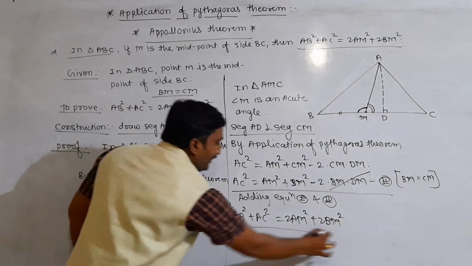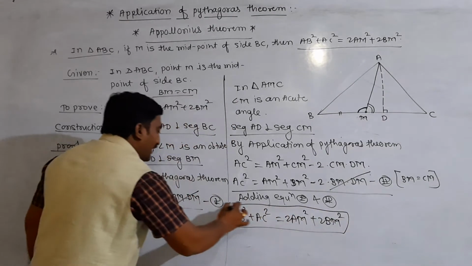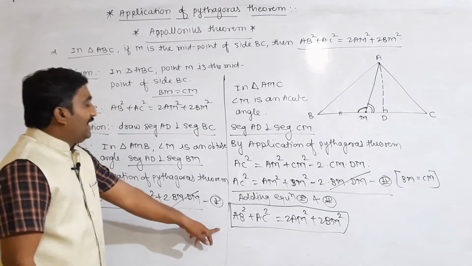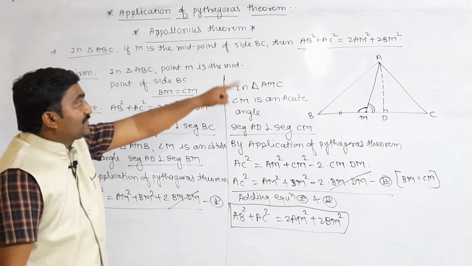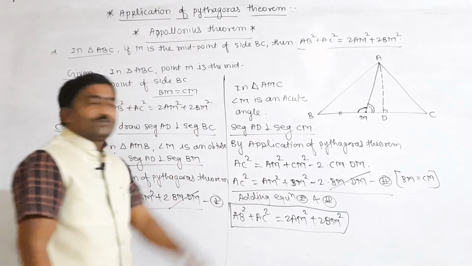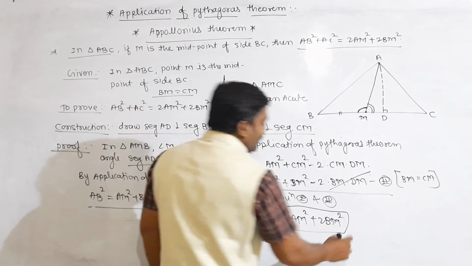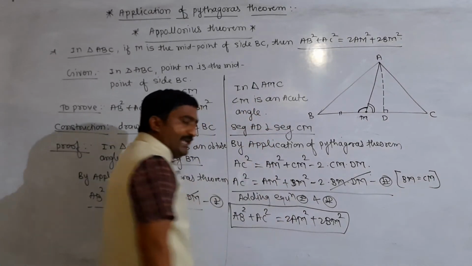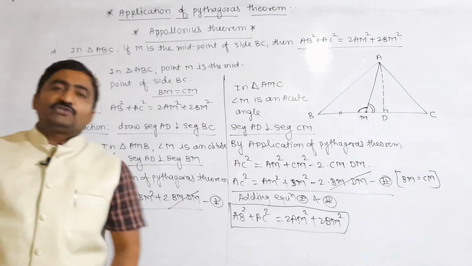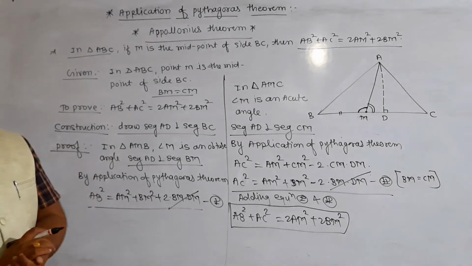Therefore, our proof is that AB square plus AC square is equal to 2AM square plus 2BM square. This is called Apollonius theorem. This is the application of Pythagoras theorem.